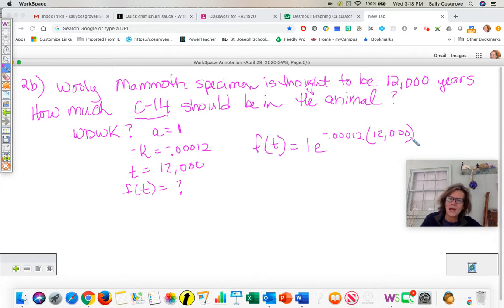So when I write that down, f of t is my amount after time t. What did I get? f of t is approximately 0.2369. What does that mean? Well, let's make that a percent. If I started with 1, I now have 0.2369, which is about 23.7%.